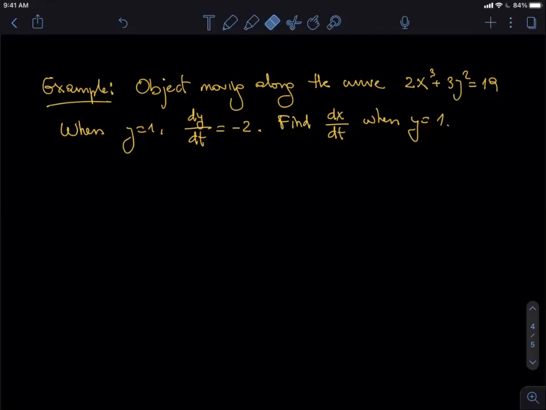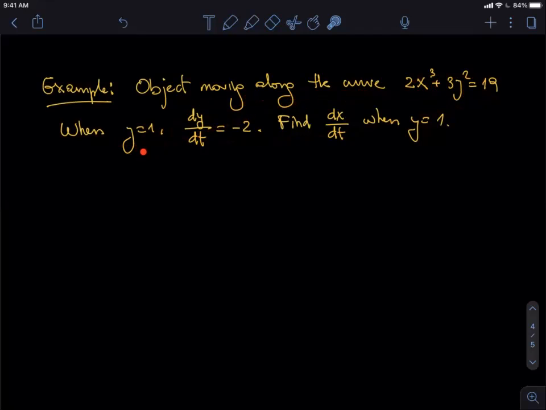In this video, we are going to see what happens when we have rates that are related to each other. For example, in this case, we are given a curve 2x^3 + 3y^2 = 19. And we know that an object is moving along this curve.